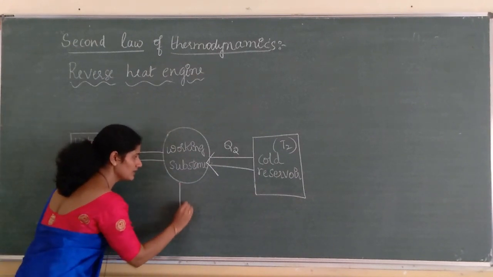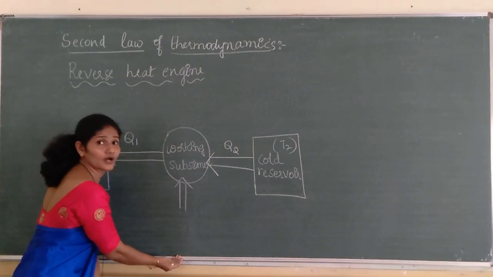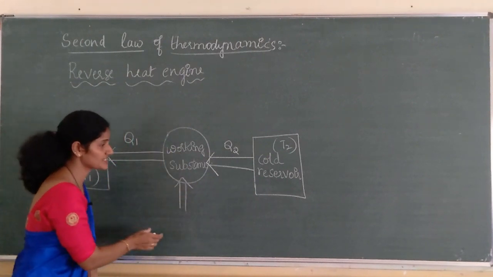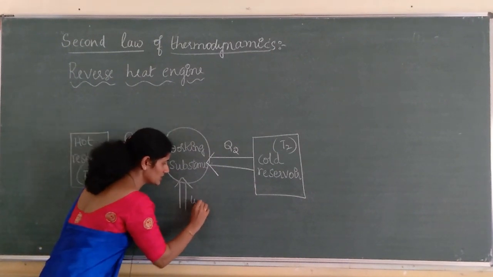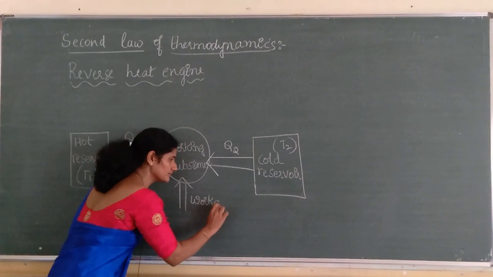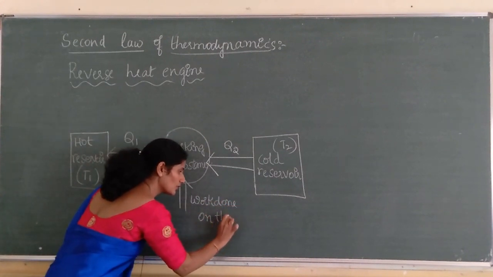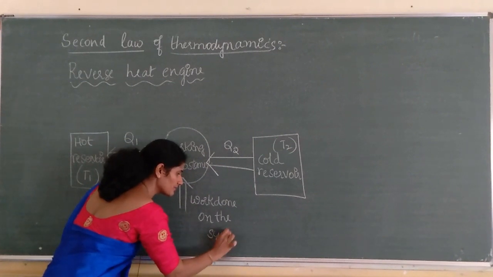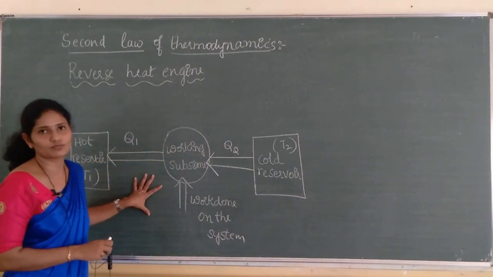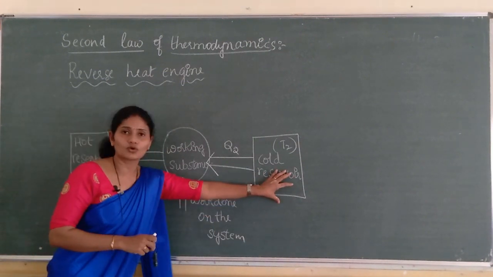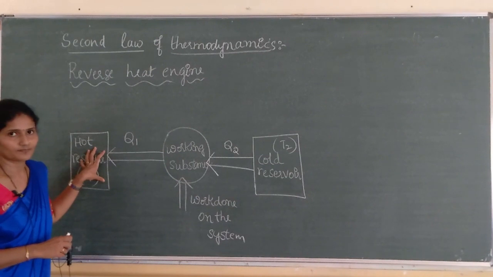This is possible if we do work on the system. External work must be done on the system. So, here we have work done on the gas or on the system. If external work is done, then it is possible to transfer heat from the cold object to the hotter object.